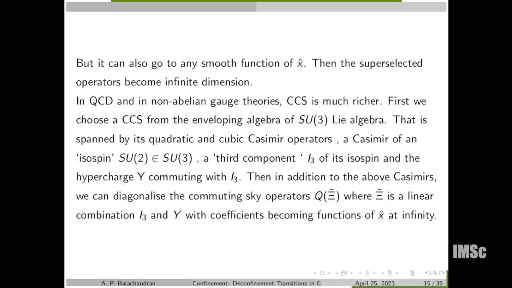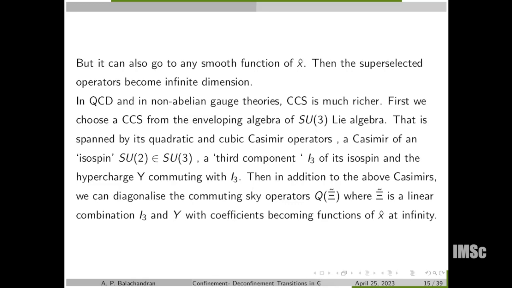So I want to diagonalize some completely commuting operators from SU3, and what are they? Well, it's a group algebra. So certainly the Casimir operators of SU3, C2 and C3, two of them, can be diagonalized. They have the property that they commute with all color transformations. Normally what we do in the SU3 case, say the 3x3 representation, is a rank 2 group. So we take the third component of isospin, I3, and hypercharge Y, after you select a preferred U2 group from SU3.